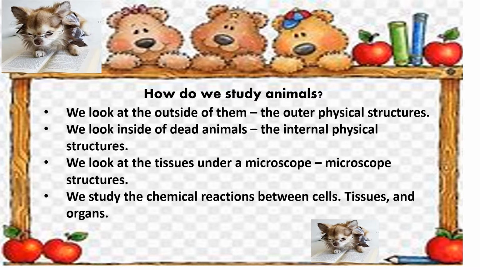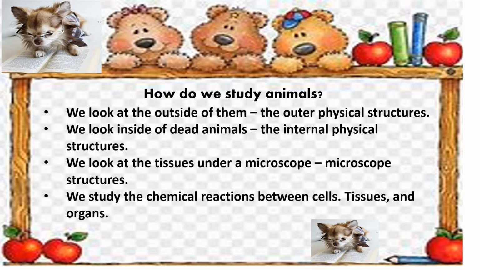Now, how do we study animals? Simply, we look at the outside of them, the outer physical structures. We look inside of dead animals, which is the internal physical structures.